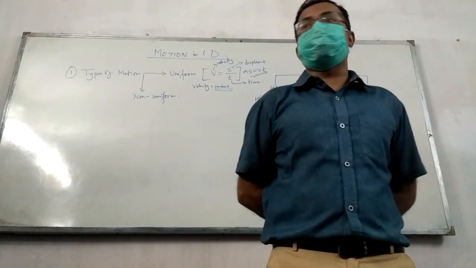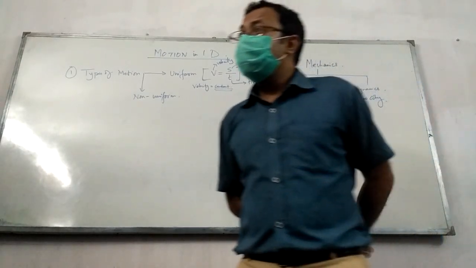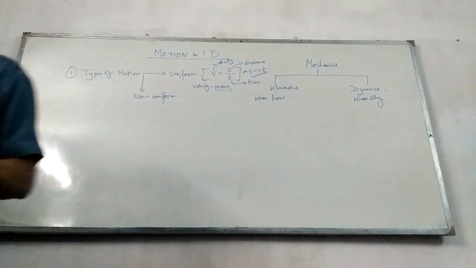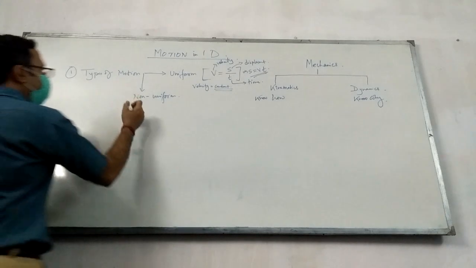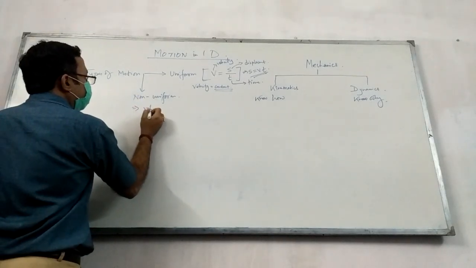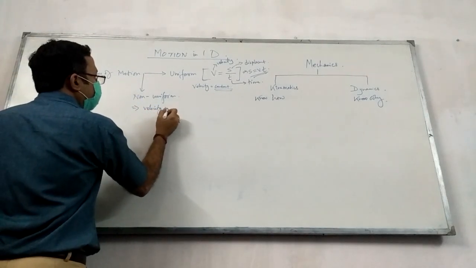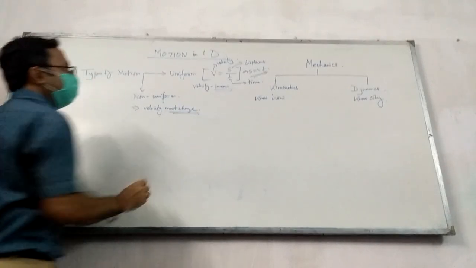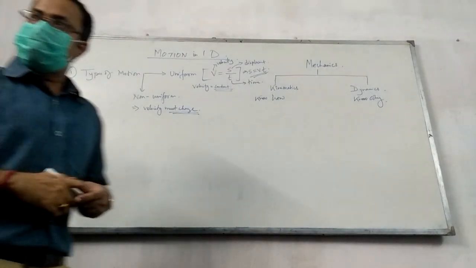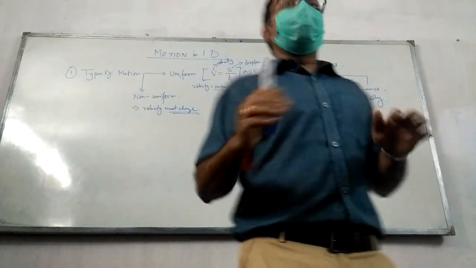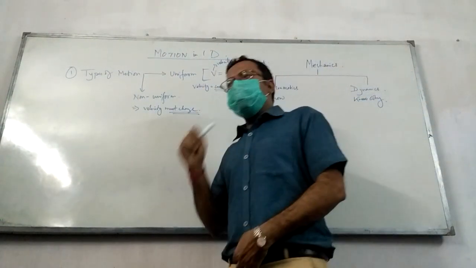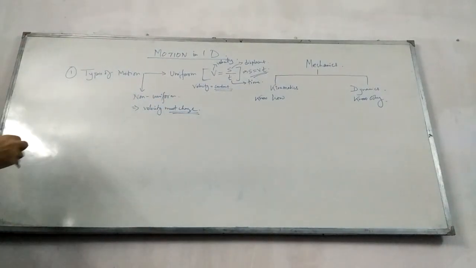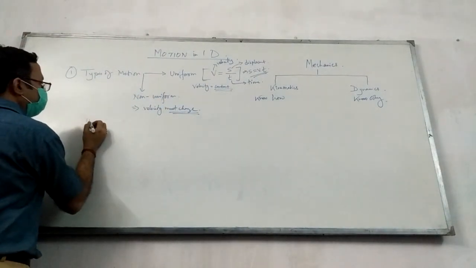But primarily, velocity is not constant. Velocity will change. So, non-uniform motion implies velocity must change. Okay? Under non-uniform motion, the most used type of motion is uniformly accelerated motion.